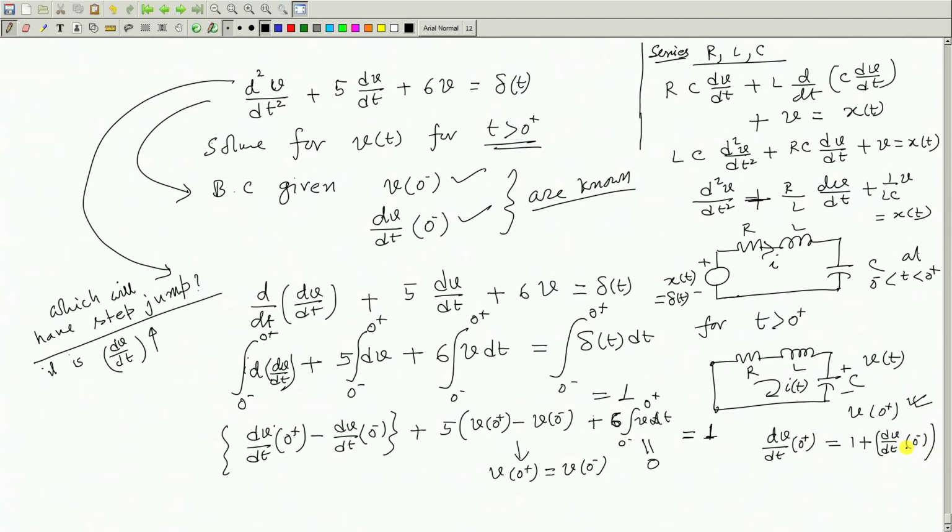How do I get this? Because V(0+) is V(0-), this is 0, this is also 0, so this term will also be 0. So dV/dt at 0 plus minus dV/dt at 0 minus must be equal to 1 from this equation.